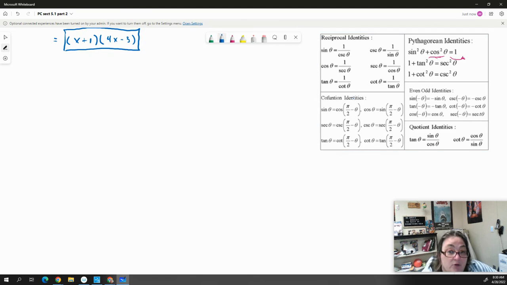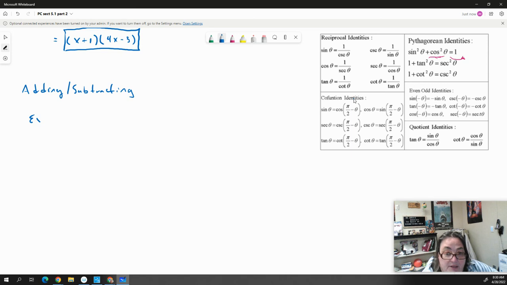When we are adding or subtracting trig functions, mostly in terms of in a fraction form.